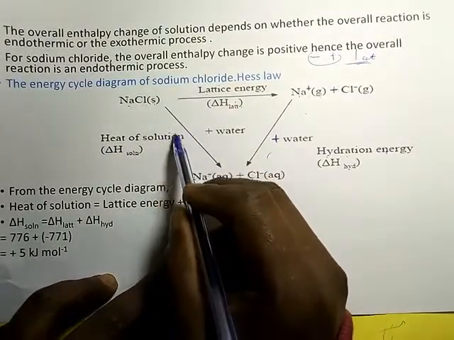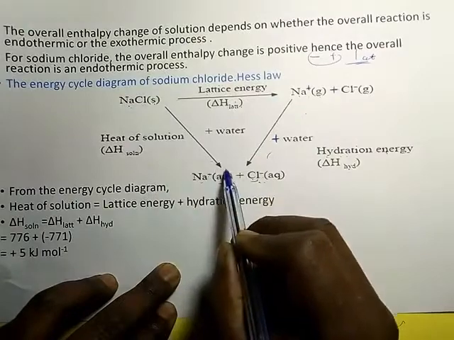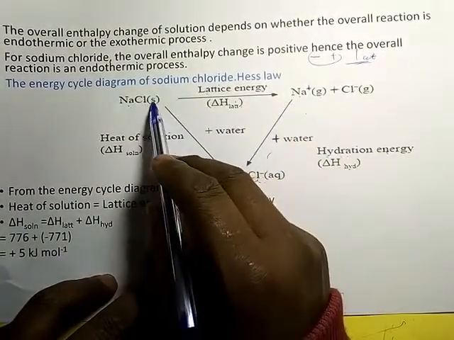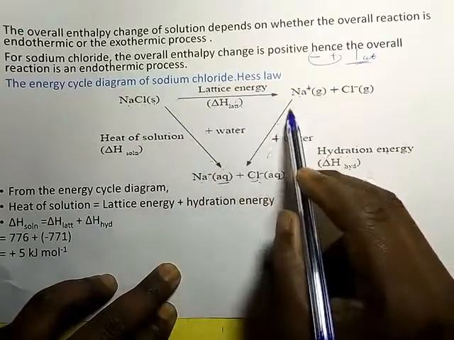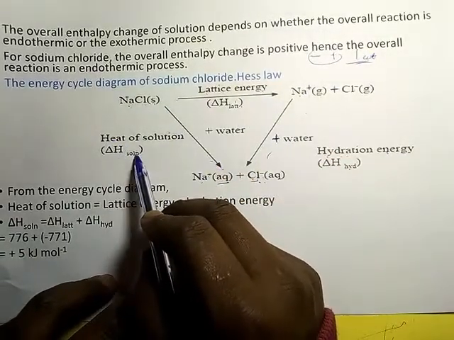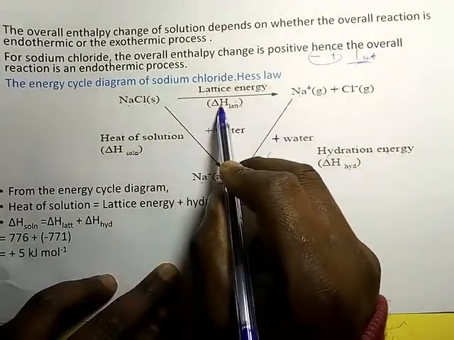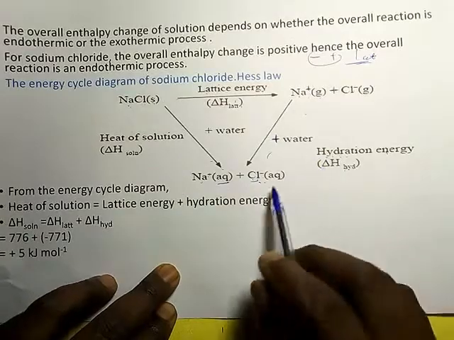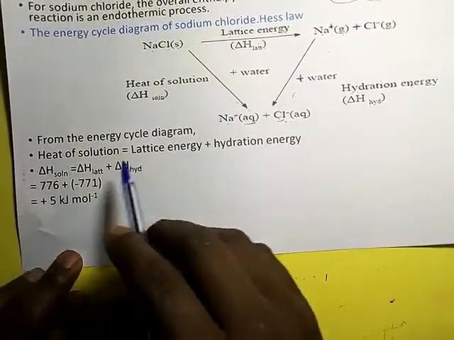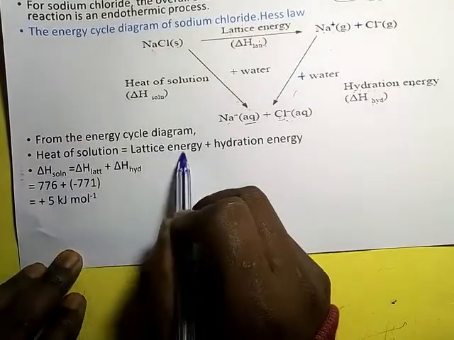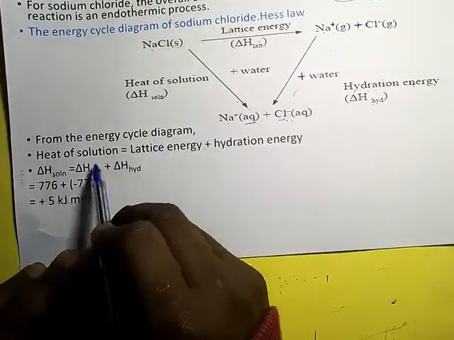If I want to calculate heat of solution, this is the direct route, you remember Hess's law. This is the indirect route and this is the direct route. So heat of solution equals lattice energy plus hydration energy.